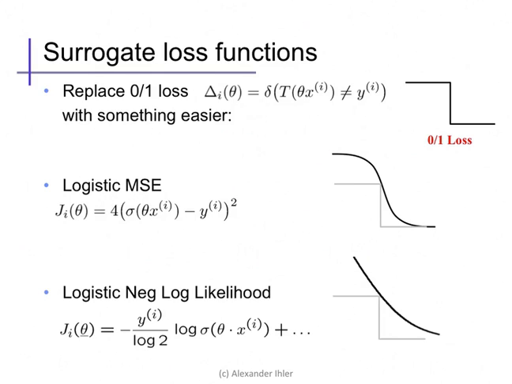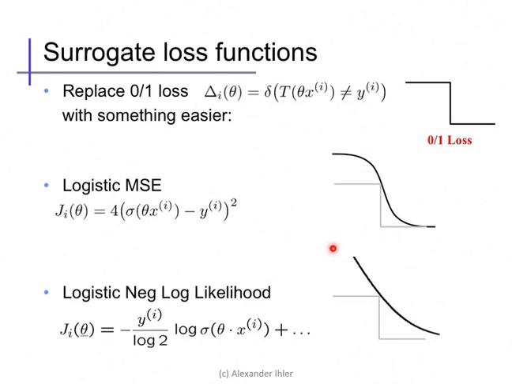Our other surrogate loss was the logistic negative log likelihood. If we plot its value, we find that also, for very positive values, we get loss 0, and as we increase toward the decision boundary, we again increase smoothly. It also bounds the 0-1 loss with an appropriate scaling. As z becomes very large and negative, it approaches a constant slope.